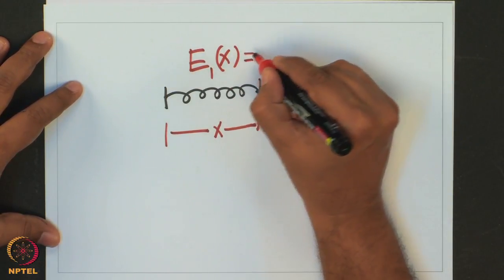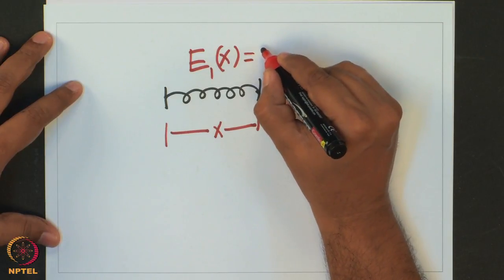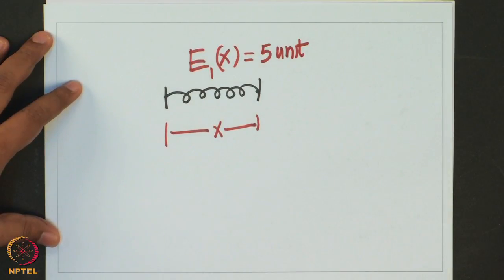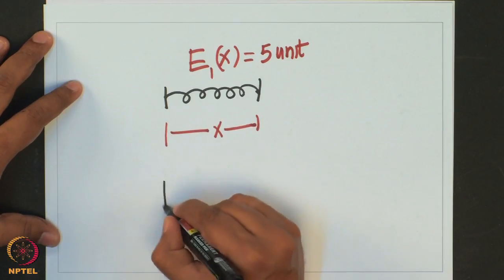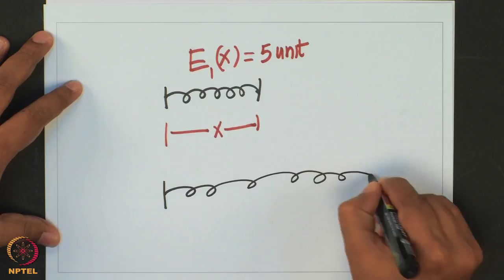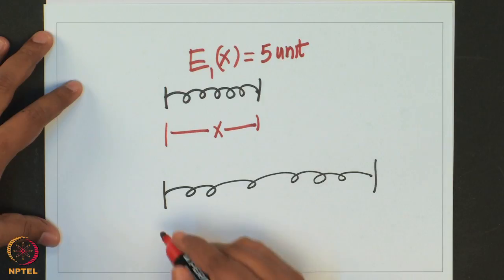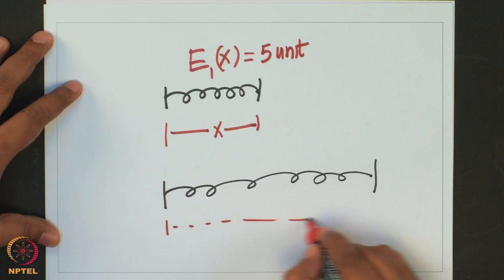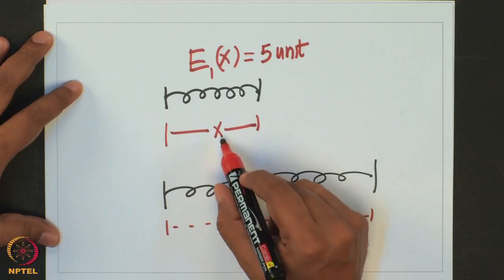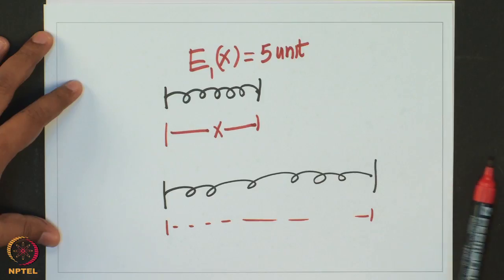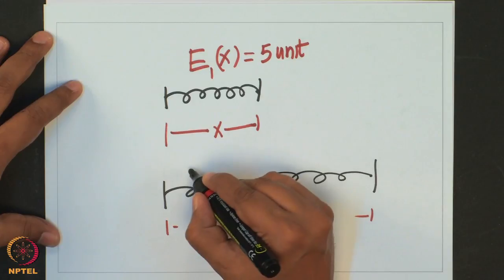Let us say this is 5 units, and the unit could be joule, whatever be the appropriate unit of energy. Now if I have the spring stretched by a distance, this is a new x. If your x is 1 here, it is like 2 or a higher x here, and the energy for this x is E2.